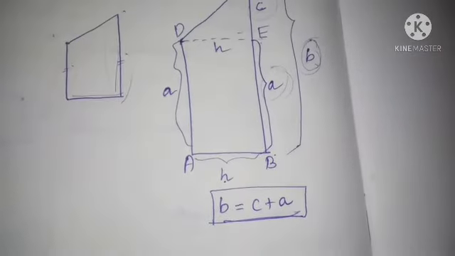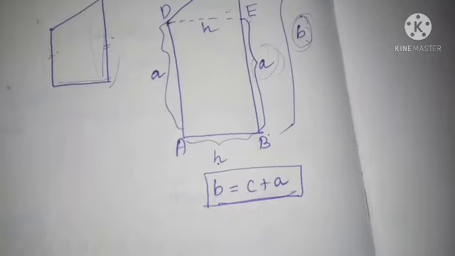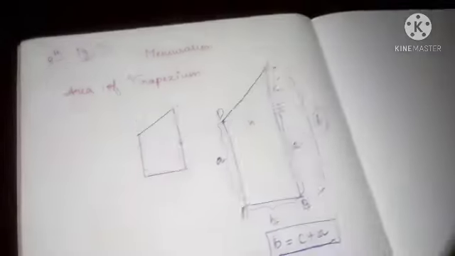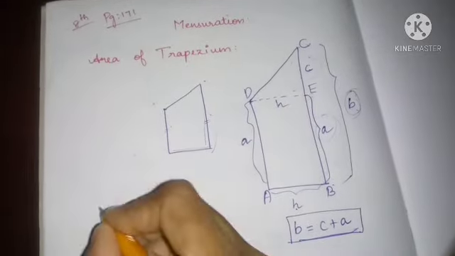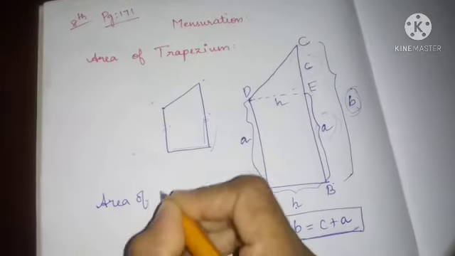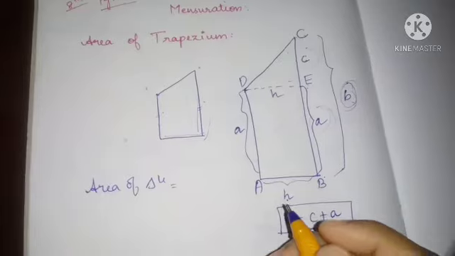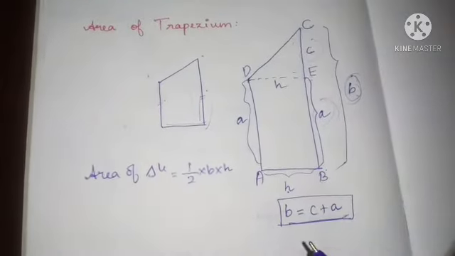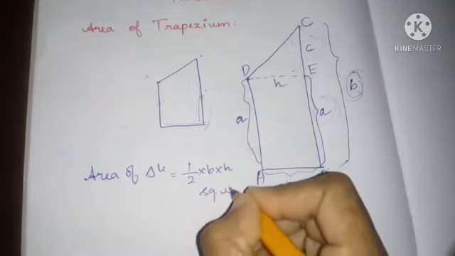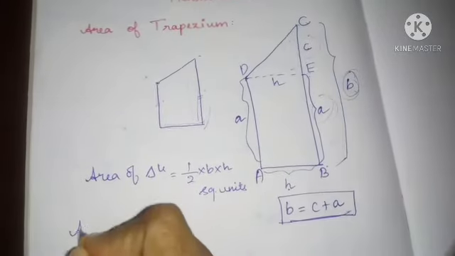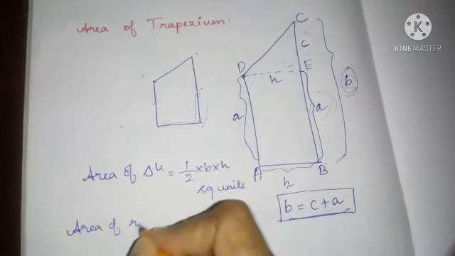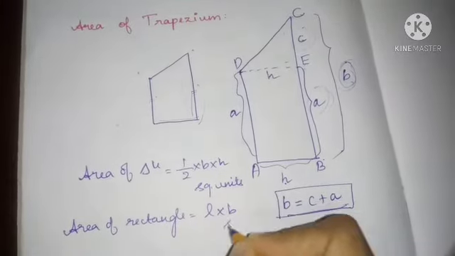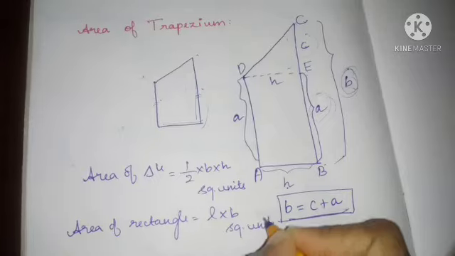Now we are going to find the area of the trapezium. Okay. You know what is the area of the triangle? Area of triangle is equal to half into base into height, correct? Square units. Next, area of rectangle, length into breadth, square units.